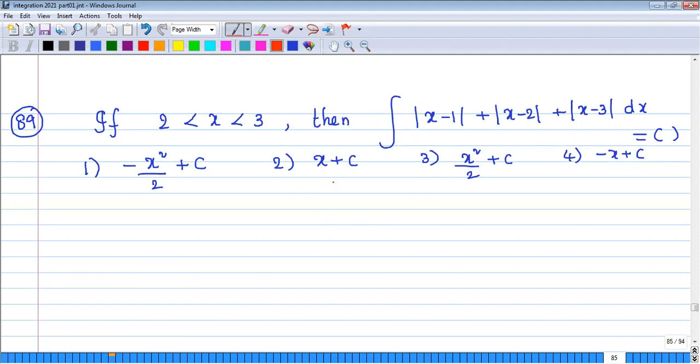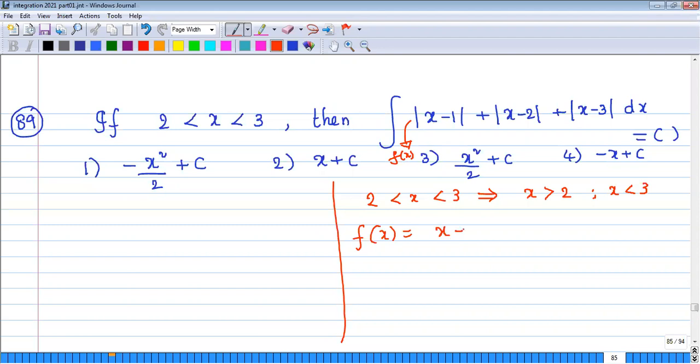See, first let us define 2 less than x, x less than 3. That implies x is greater than 2, and x is less than 3. Let us define this total function as f of x. When x is greater than 2, even x is greater than 1, so mod of x minus 1 is x minus 1.